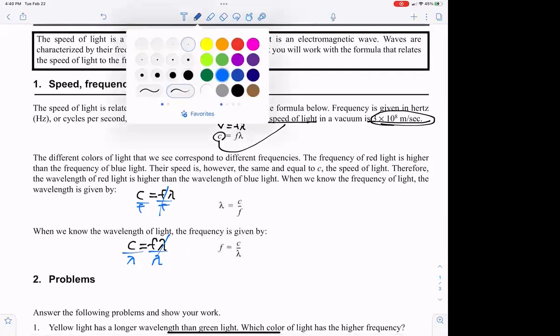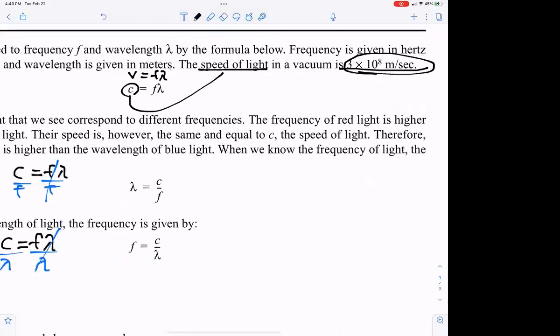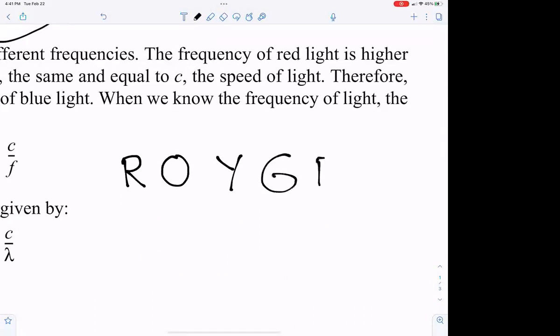Now, let's take a look at the color spectrum so we can make some sense out of higher and lower frequencies. Over to the side, let's write this down. The colors of light in the spectrum are red, orange, yellow, green, blue, and violet.